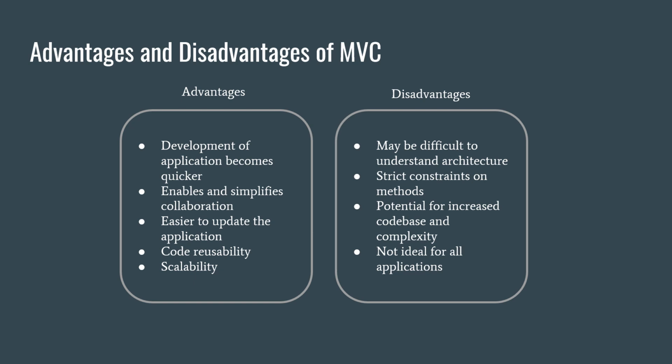Some of the downsides of the MVC design include potentially having trouble understanding the design architecture, more specifically how the three components work together to construct an application, especially for those new to software development. The model, view, and controller will each have their own set of constraints for their methods.